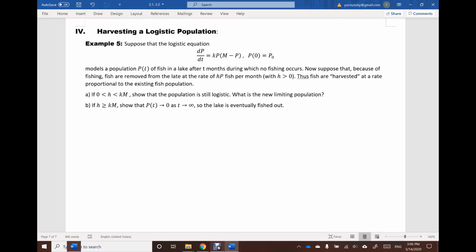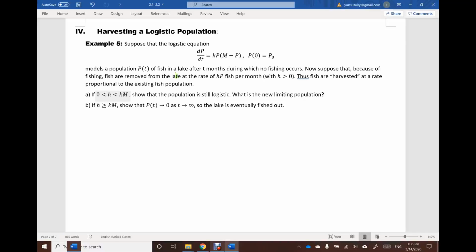So when no fishing occurs, we have the logistic model. Now suppose that because of fishing, fish are removed from the lake at a rate of hP fish per month. Sorry, I have a typo here. Thus fish are harvested at a rate proportional to the existing fish population.